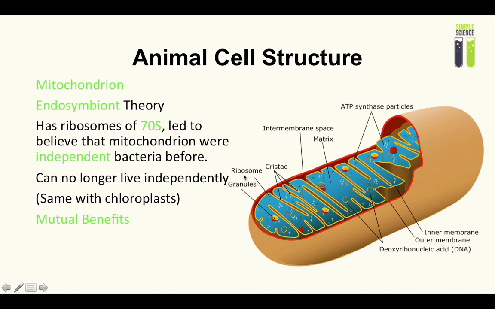Now, the ribosome is smaller than our ribosome. The ribosome size inside the mitochondrion is 70S, whereas the ribosomes which are lying free in the animal cell and in the RER are size 80S. So this is what led scientists to believe that the mitochondria were actually independent before they were colonized by us.